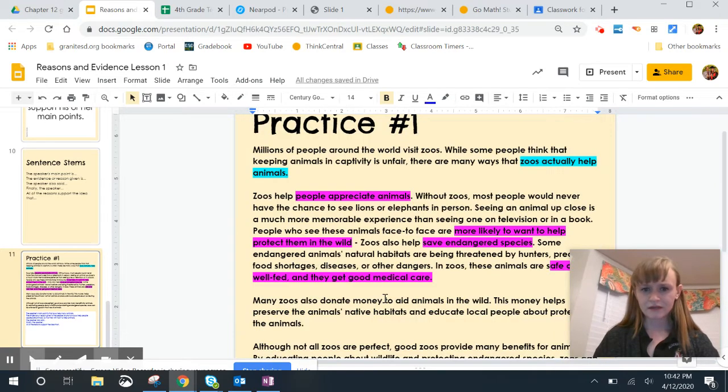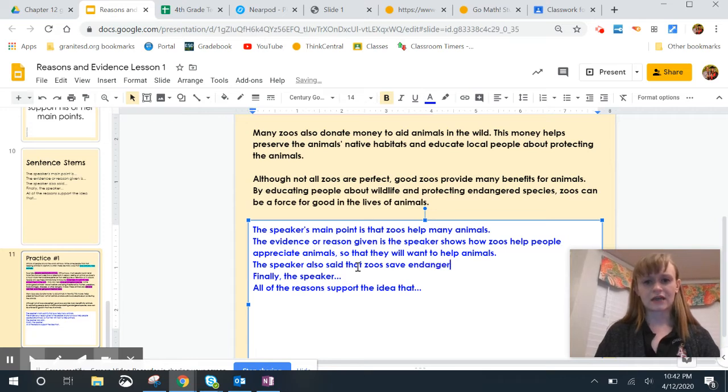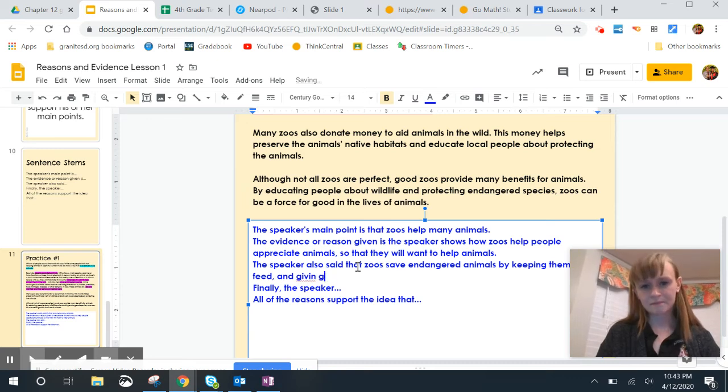So I'm going to come down here and make that my second detail I got out of the text or reason. The speaker also said that zoos save endangered animals by keeping them safe, fed, and giving them medical care.